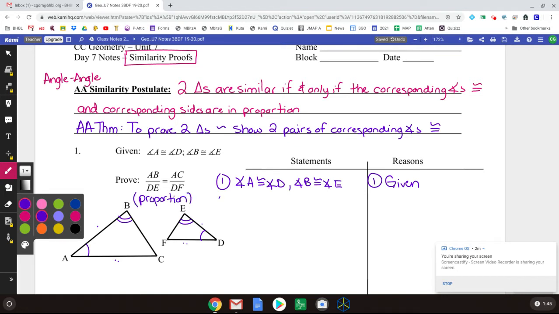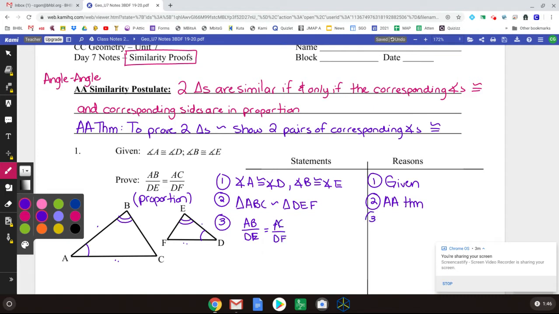All right, so since we already have those corresponding angles equal, we now know that triangle ABC is similar to triangle DEF. So number two, right, our reason for that is our angle-angle theorem. Now, since my triangles are similar, I know that my corresponding sides are forming a proportion.